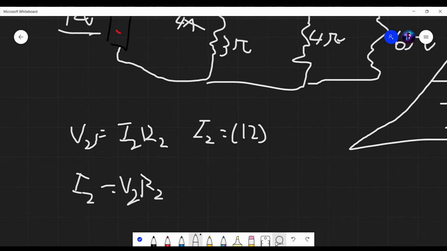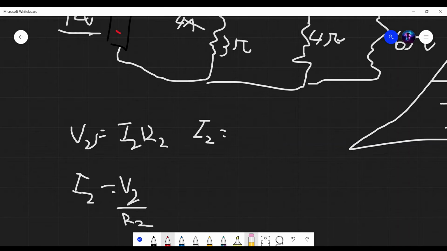Sorry, I did something wrong. I get confused sometimes, also. It is V2 divided by R2, by the way. Just did something wrong. So it's 12. Let me erase this.